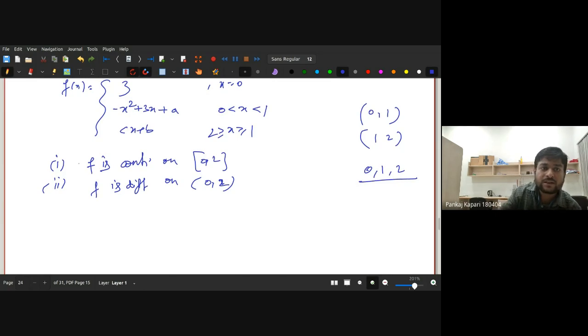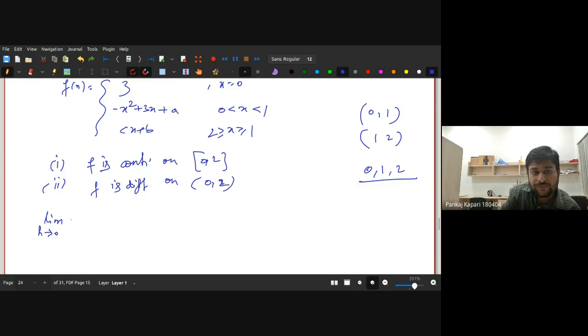So the function is continuous on the closed interval, and that means it must be continuous at 0. But because at 0 it is defined only after 0, you can just take the right hand limit.